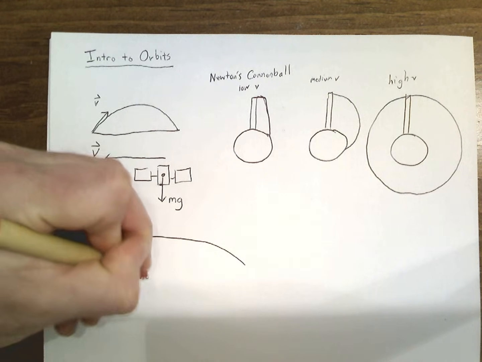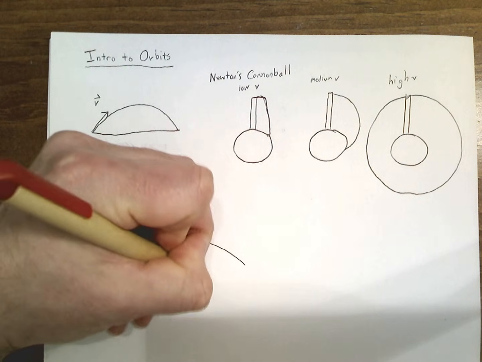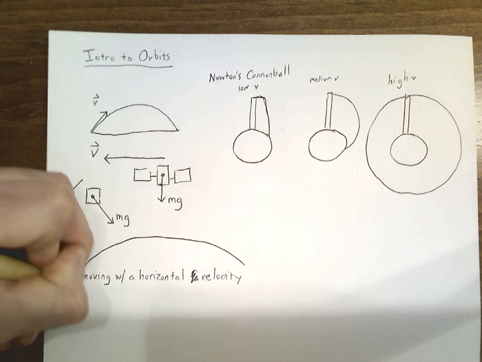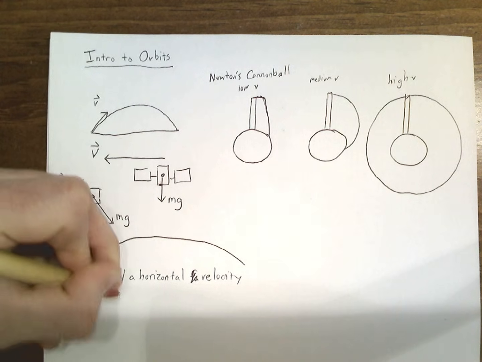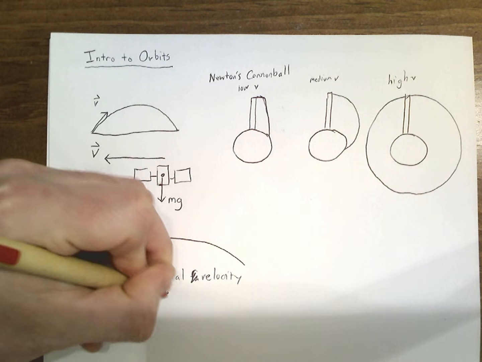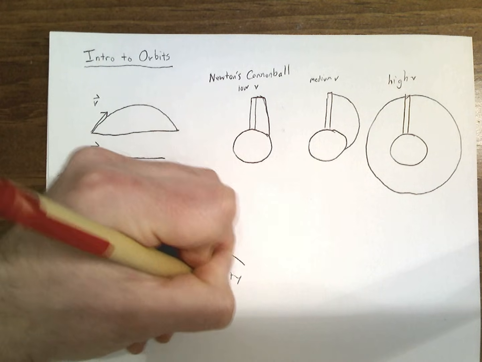So all an orbit really is, is moving with a horizontal velocity fast enough to cover the Earth's curvature, or whatever planet you happen to be orbiting.